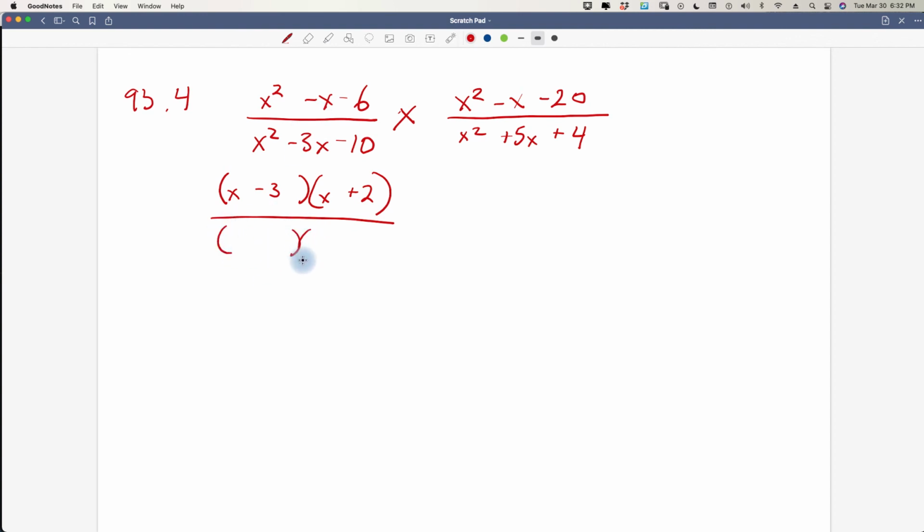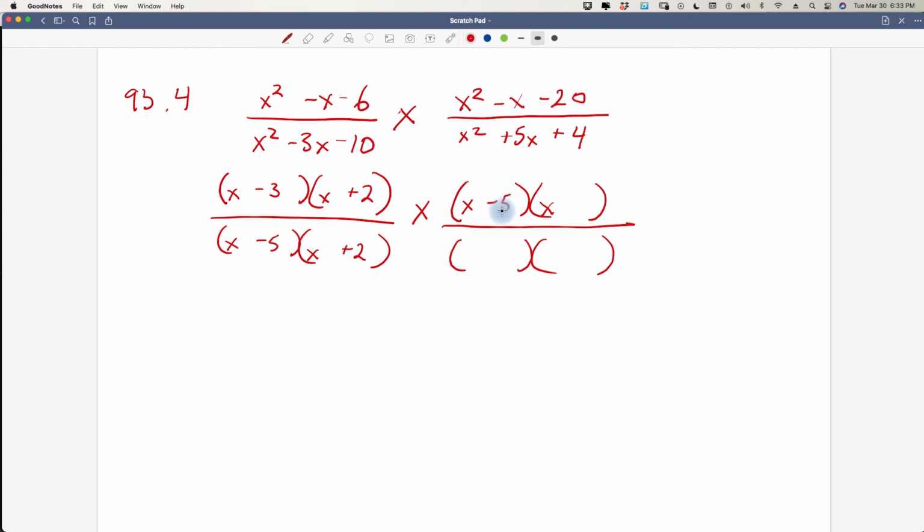All right, this one is going to be x, and that's going to be negative 5 times positive 2, so negative 5, positive 2, because we have a negative 3 remaining, times, and we already flipped it, so we can put our parentheses in place right here, and we can fill x, and we need negative 20, so that's going to be a negative 5 and a positive 4. That leaves behind a negative 1 when these two factors are combined.